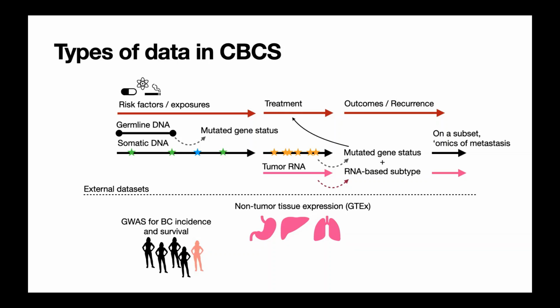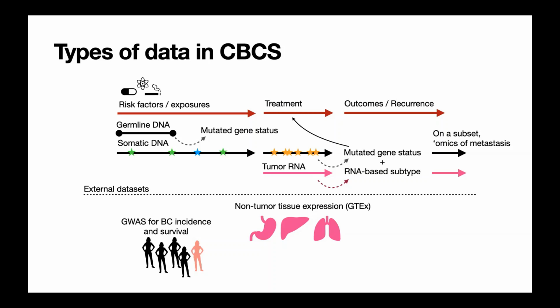We also have the somatic DNA. So this is looking at the pattern of mutation that occurs in cells throughout life. So I'm drawing these like green stars and blue stars. These are just mutations that occur in somatic cells over time. And those can tell you also about exposures that are not recorded.